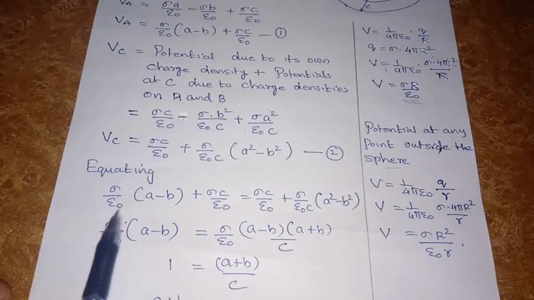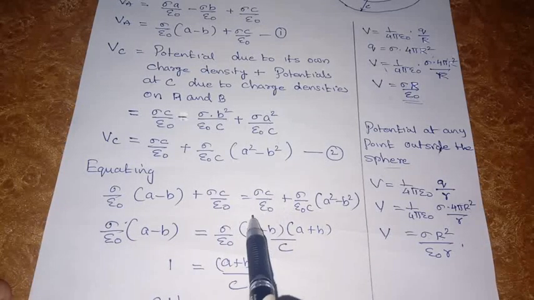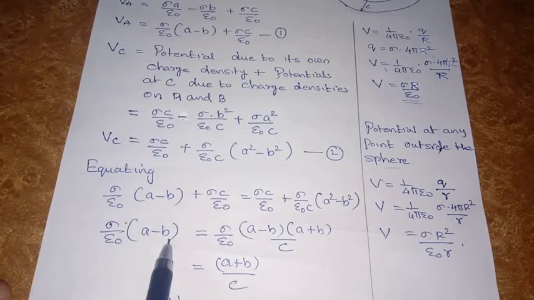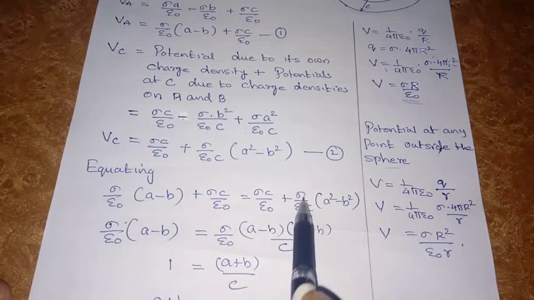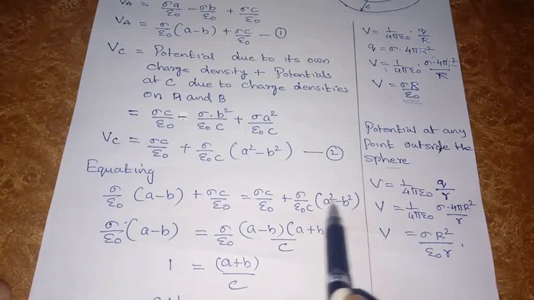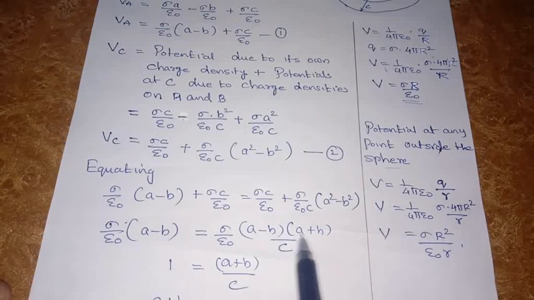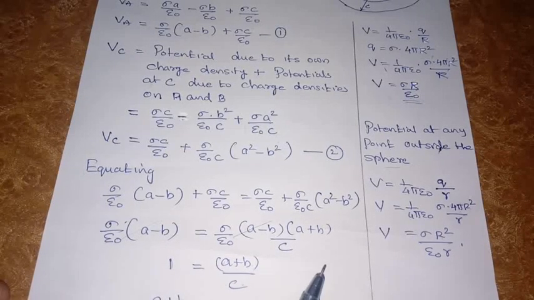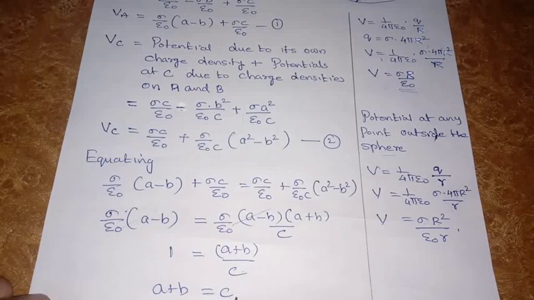So sigma c by epsilon 0 can be cancelled. What remains is sigma by epsilon 0 into A minus B is equal to sigma by epsilon 0 c into A square minus B square, can be written as A minus B into A plus B. So sigma by epsilon 0 into A minus B can be cancelled. So 1 is equal to A plus B divided by c, and therefore the result will be A plus B is equal to c.